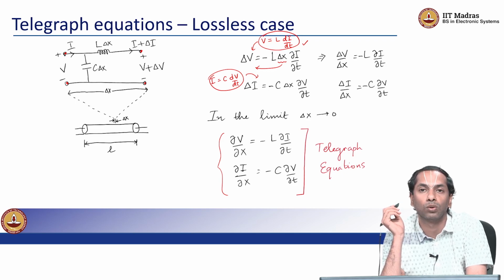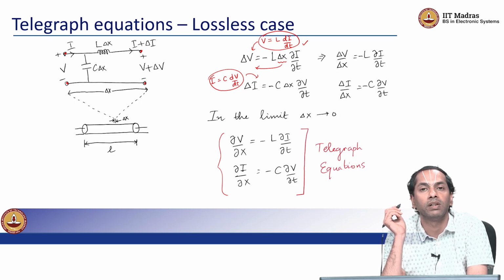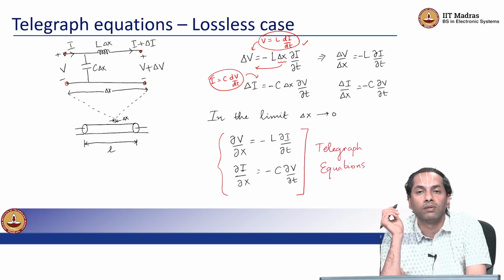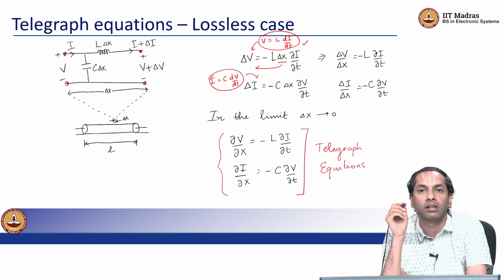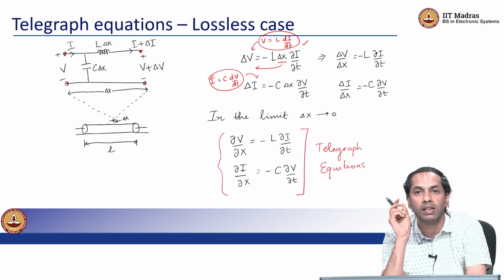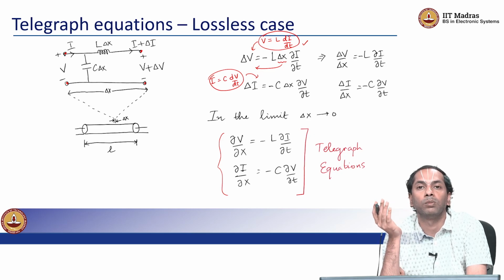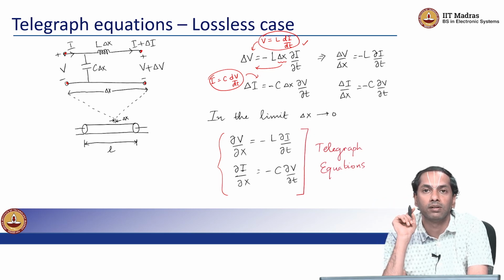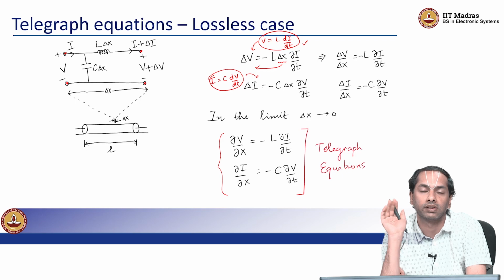Remember that when there are no resistances, we assume that I and I plus delta I are the same, and V and V plus delta V are the same. For the first time, we are noticing that between the input section and the output section of this very tiny element, we are allowing for the voltages and currents to be different, despite there being no resistors.